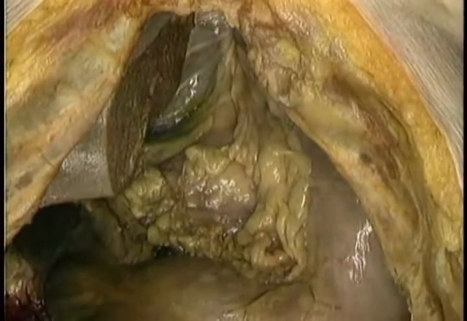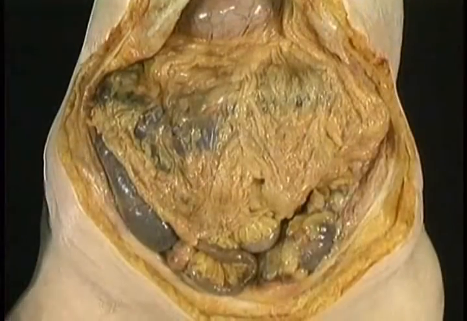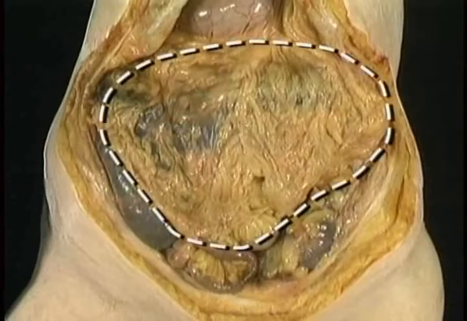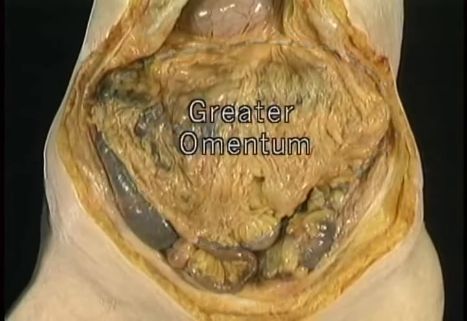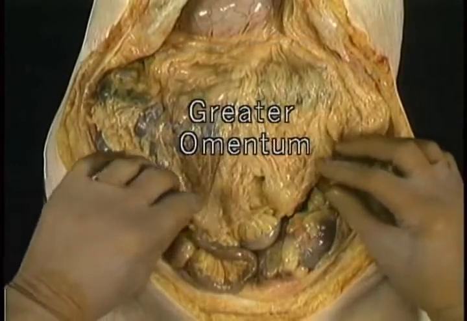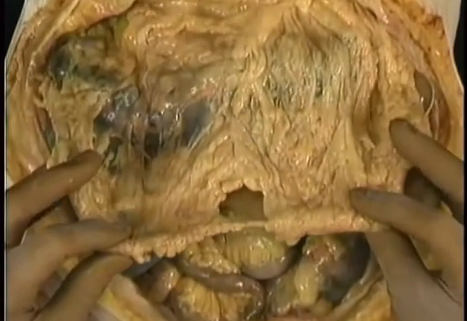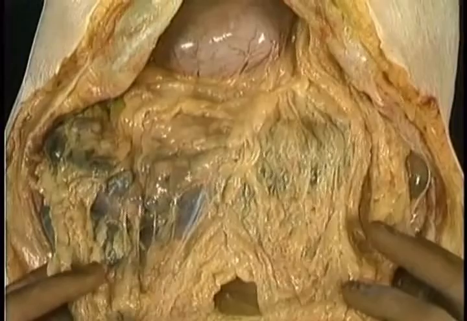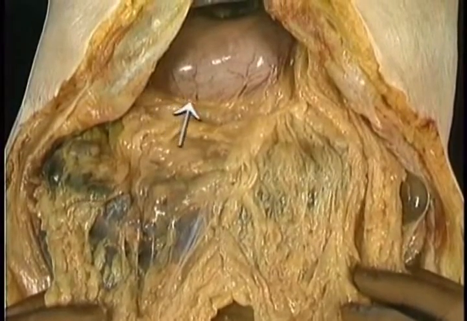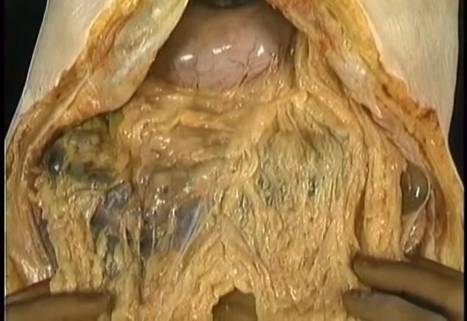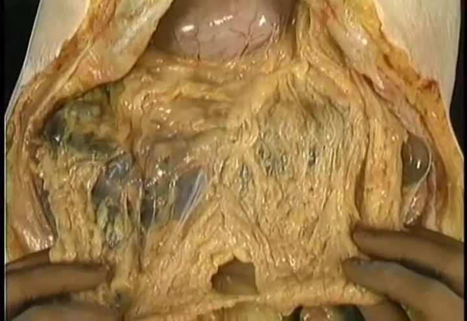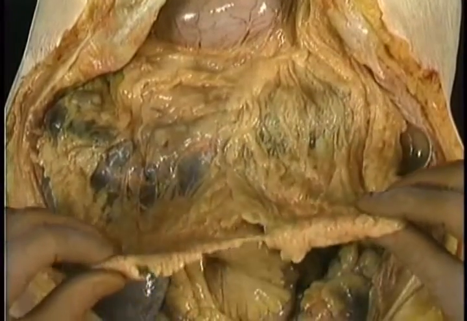To see the greater omentum, we'll go to an earlier stage in the dissection. All this is the greater omentum. We'll pick it up to see its free lower border. Here's part of its attachment to the greater curve of the stomach. Between its peritoneal layers, there's a variable amount of fat.